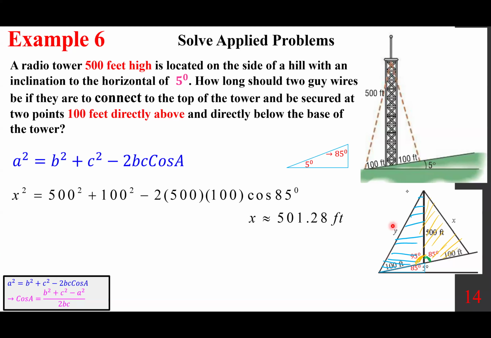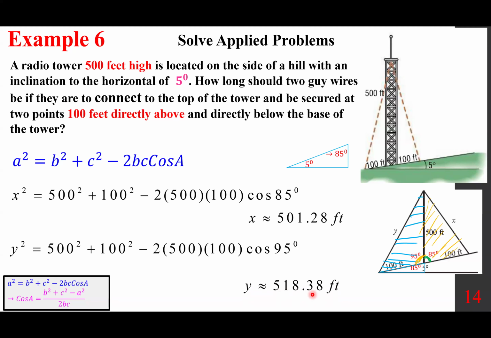So y squared is 500 squared plus 100 squared minus 2 times 500 times 100 times cosine of 95 degrees. And you put it into a calculator and you find the y value at 518.38 feet. As you can see, this is a tad longer as it is supposed to be because of the inclination.